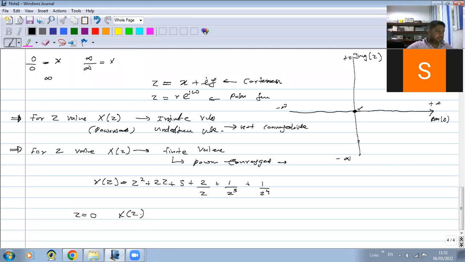Can someone tell me what the value of x(z) is if z is 0? Please tell me quickly. I think you can.